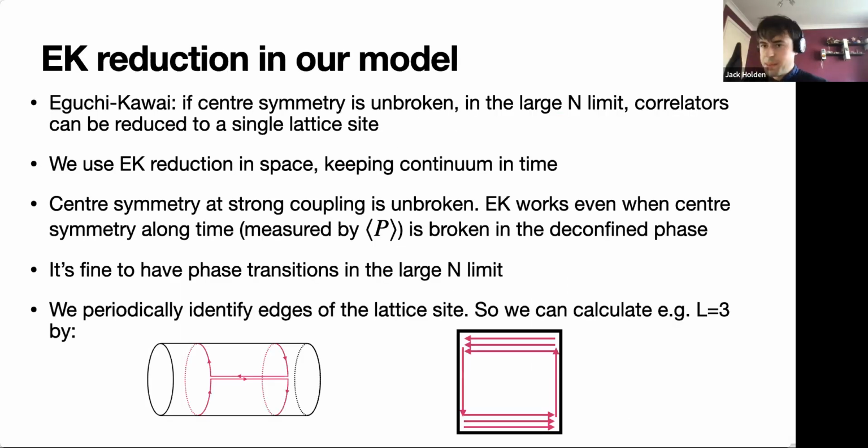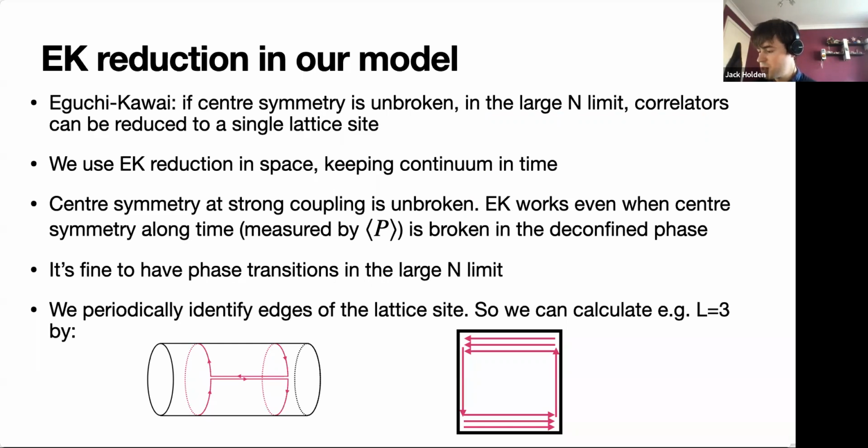You might be familiar with Iguchi-Kawai reduction. What this allows us to do is place the theory on a single lattice site, and we can calculate correlators on a single lattice site, which would give us the same answer that we would get if we had the full lattice.